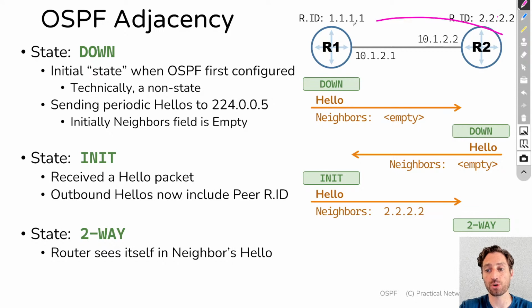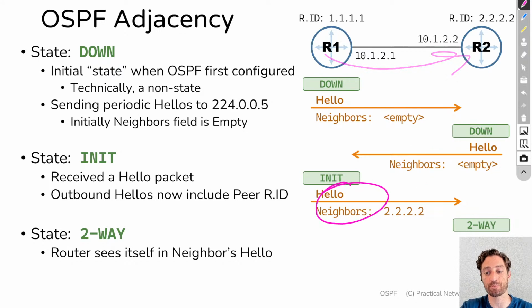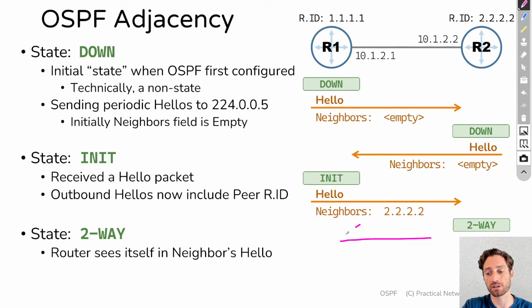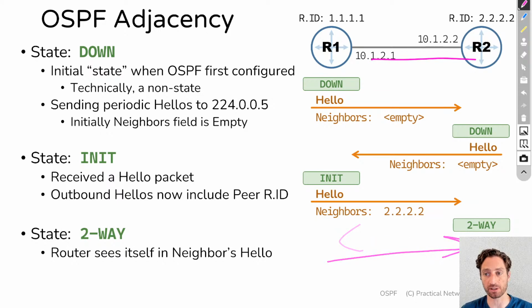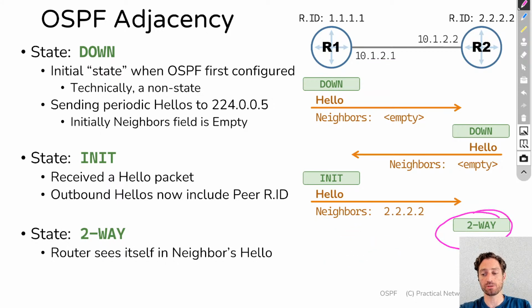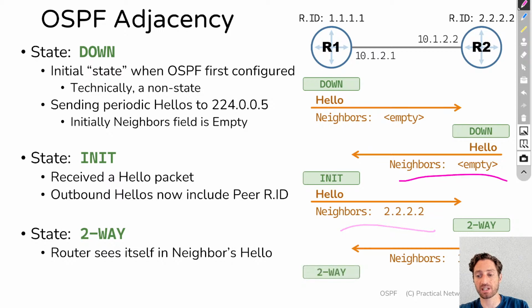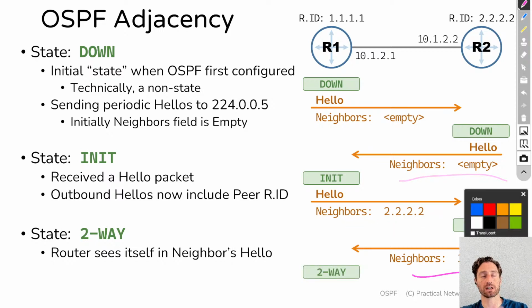Router 2 knows that router 1 received its hello packet, and router 2 obviously just received router 1's packet, so we know there is two-way reachability on this particular link. After router 2 receives the hello packet, its hellos can now start including the router ID of its neighbor, router 1.